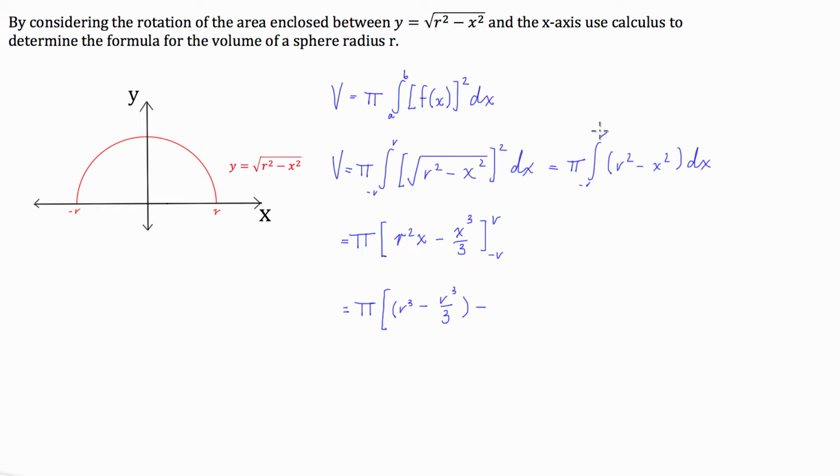Subtract the lower bound, which is going to be r squared times negative r, which is just going to be negative r cubed. Subtract, put the negative r in here because it's an odd power, it'll stay negative, negative r cubed over 3.